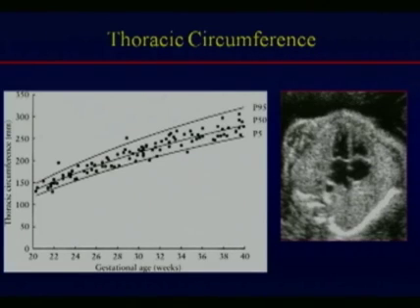It doesn't work so well in certain conditions. For example, if there's marked cardiomegaly or other internal masses, for example, hydrothorax, that wouldn't tell us necessarily about the lungs per se. But in the absence of an intrathoracic mass, the thoracic circumference does give us a good impression and good values to be able to measure lung volumes.